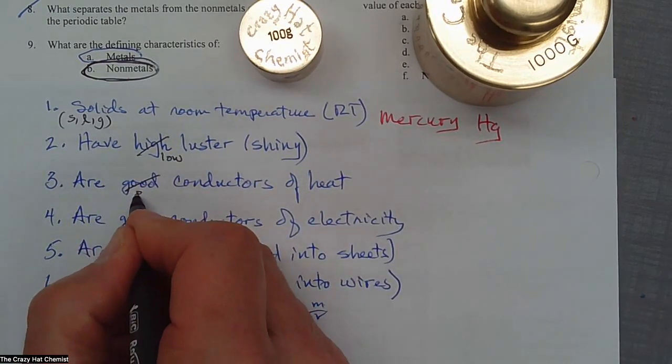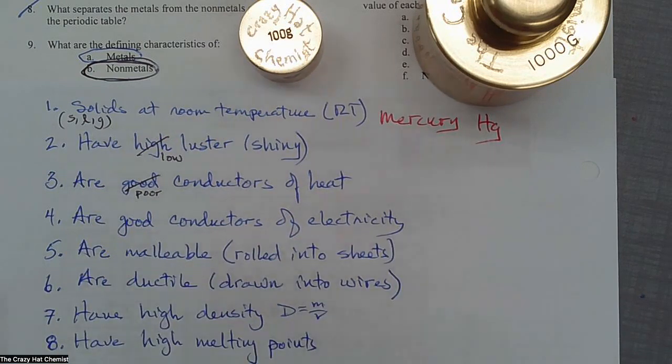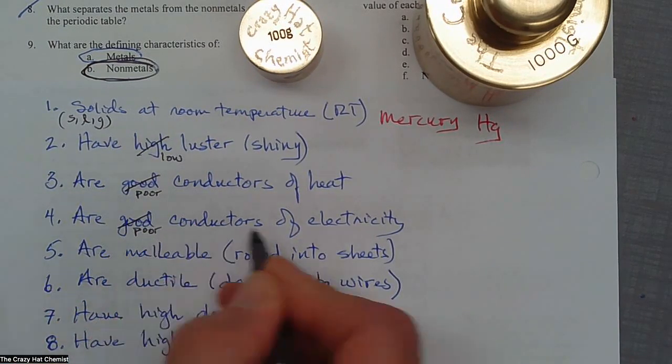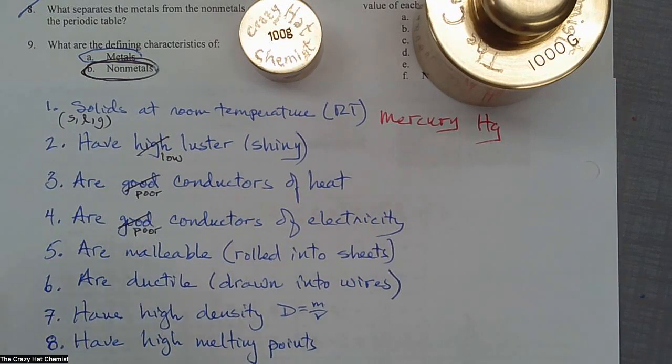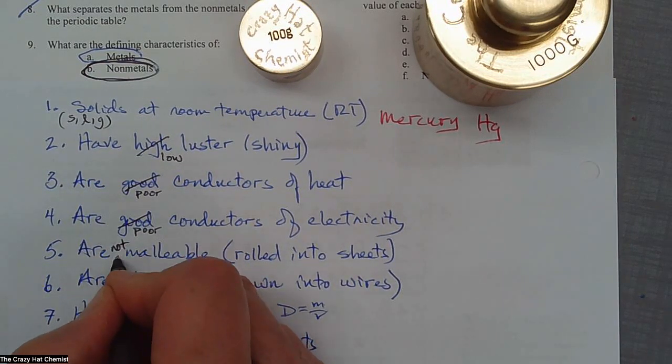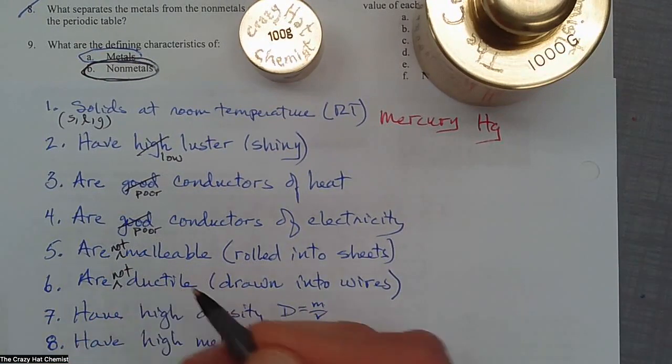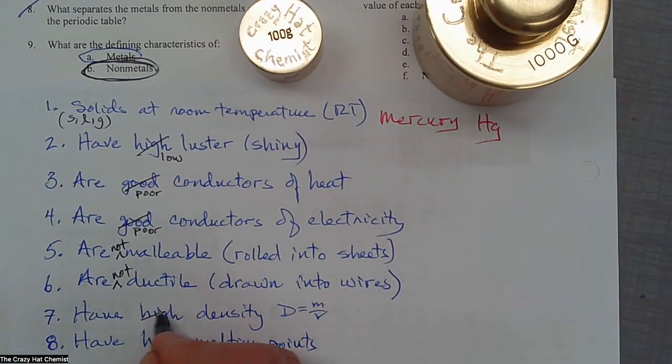Nonmetals are poor conductors of heat. Nonmetals are poor conductors of electricity. Nonmetals are not malleable. Nonmetals are not ductile. Nonmetals have low density. Nonmetals have low melting points.